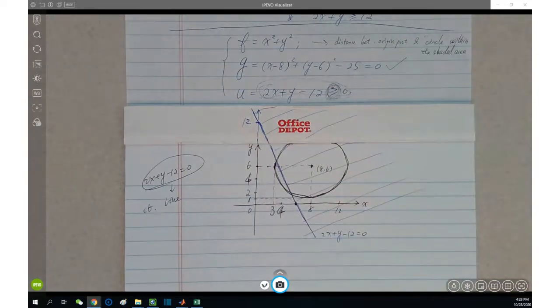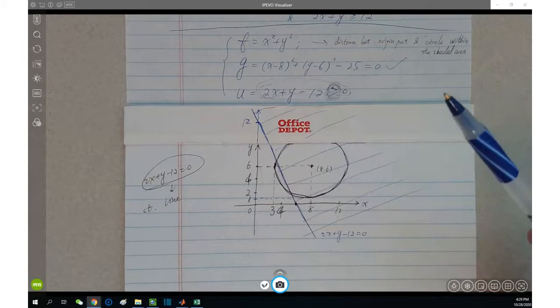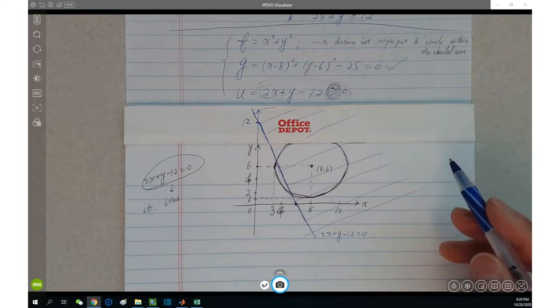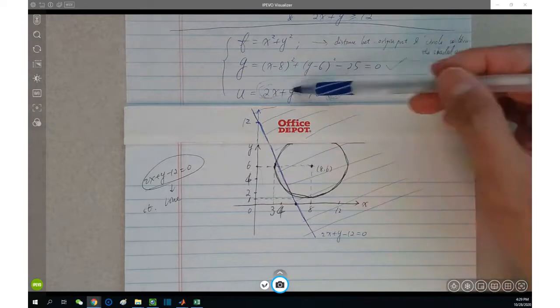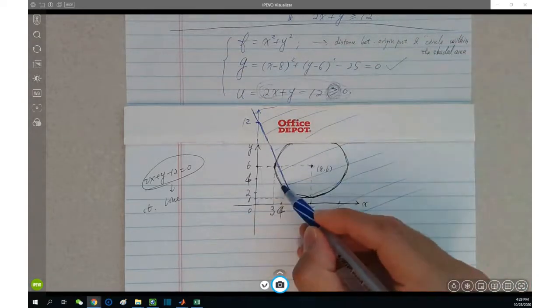Okay, thank you. Sure. And then from here we are looking for the minimum value of the distance. Where is the minimum value of distance? Going back to example 1, where we didn't have this inequality constraint, the minimum value is here, right? Does it make sense?